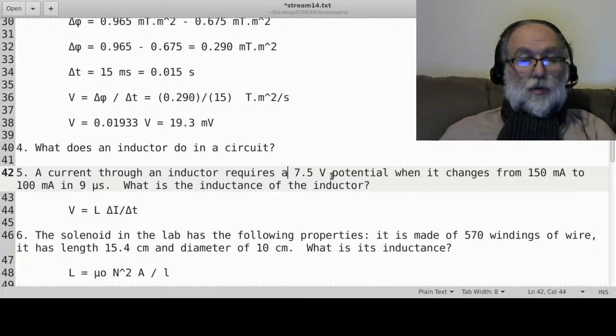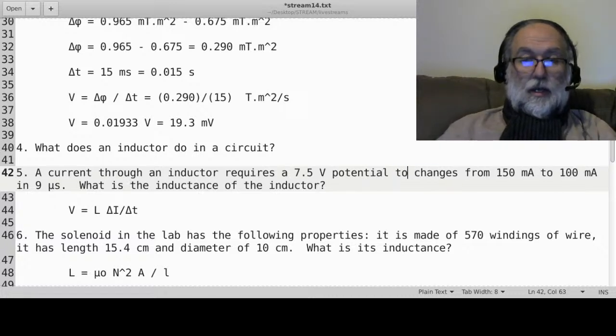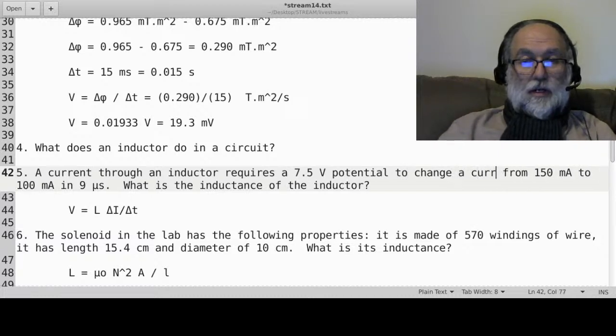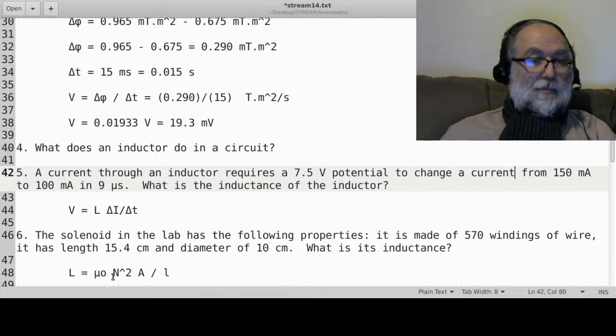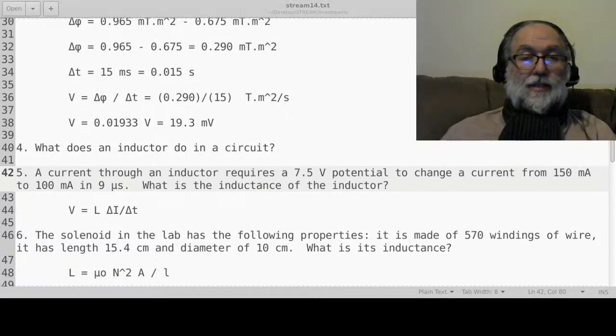A current through an inductor requires a 7.5 voltage potential to change a current from 150 milliamps to 100 milliamps in 9 microseconds. What is the inductance of the inductor?